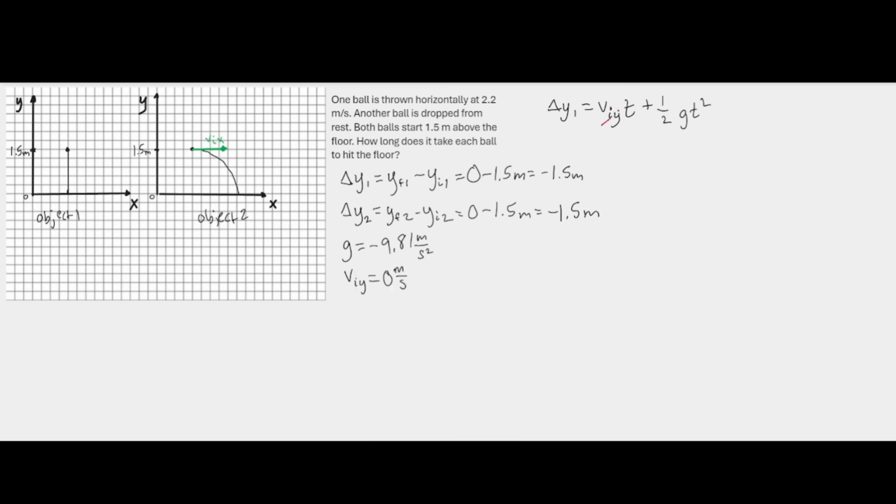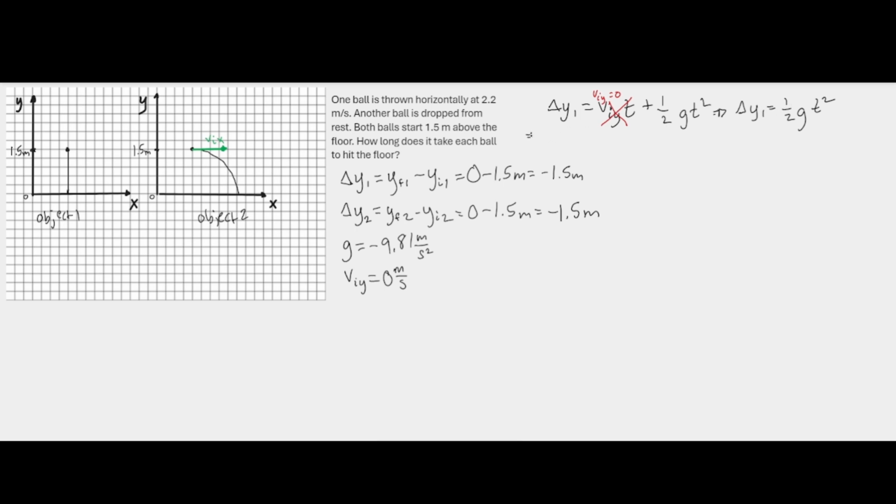That means this first term is 0. v_iy is equal to 0. So then delta y1 reduces to 1/2 g t squared. Do we know what delta y1 is? Yes, we figured that out over here. Do we know what g is? Yes, that's constant. So we can solve for t. I'll go ahead and do that. I'm going to solve for t first by multiplying both sides of this equation by 2.